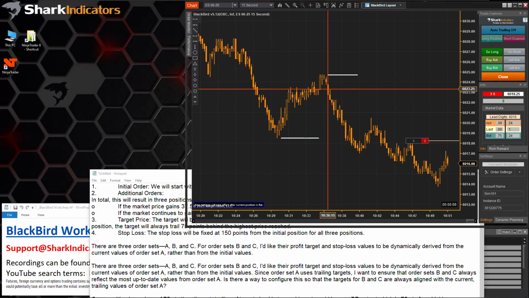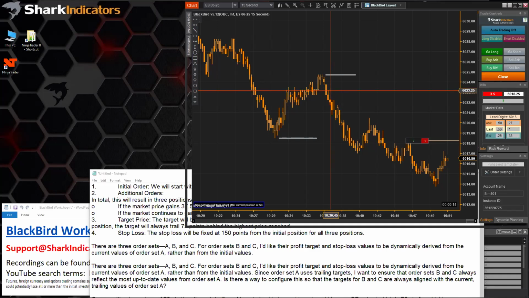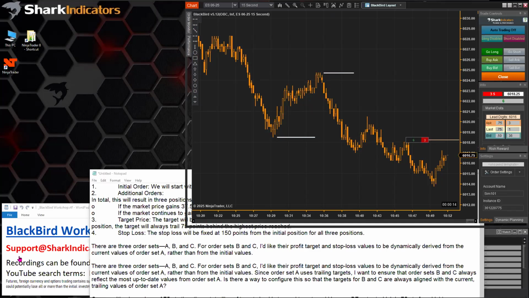Those exit orders are submitted immediately, as soon as the entry order is filled. So we can't grab a price after the entry order is filled. So what I will do is I will just use the swing high and the swing low there.